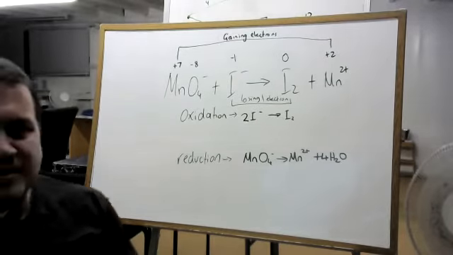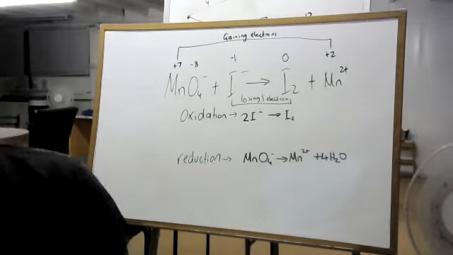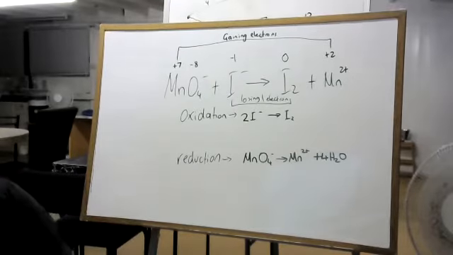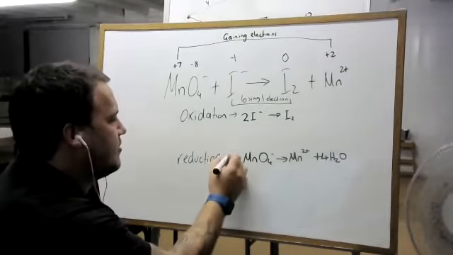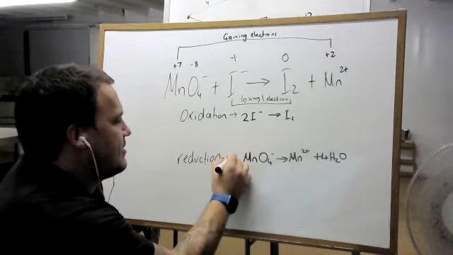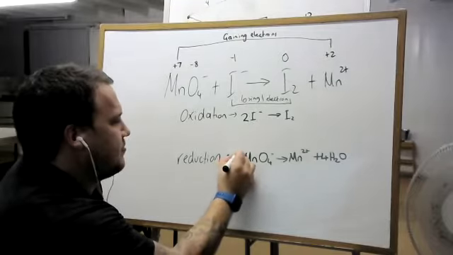What makes a solution acidic? Hydrogen ions. So we could add 8H plus.